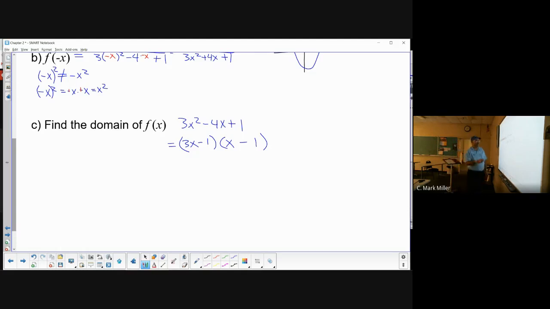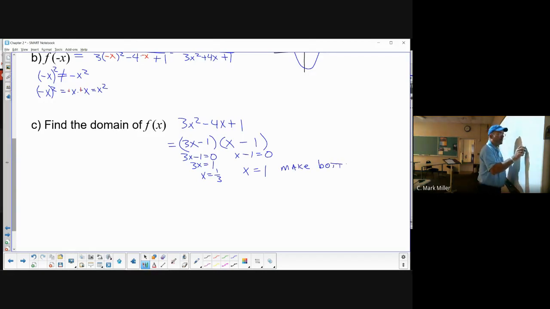So we need 3x minus 1 equals 0, x minus 1 equals 0. So this is going to be 3x equals 1, x equals 1/3, x equals 1. So these make the denominator 0. Make the bottom equal 0.